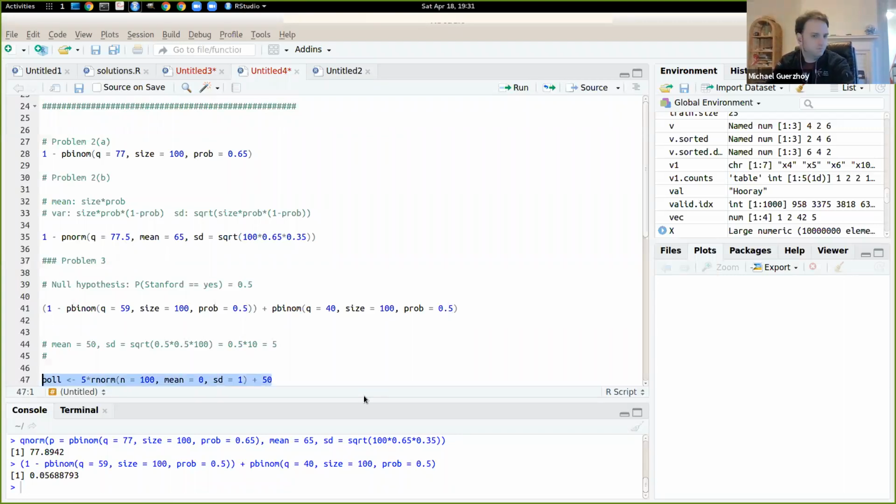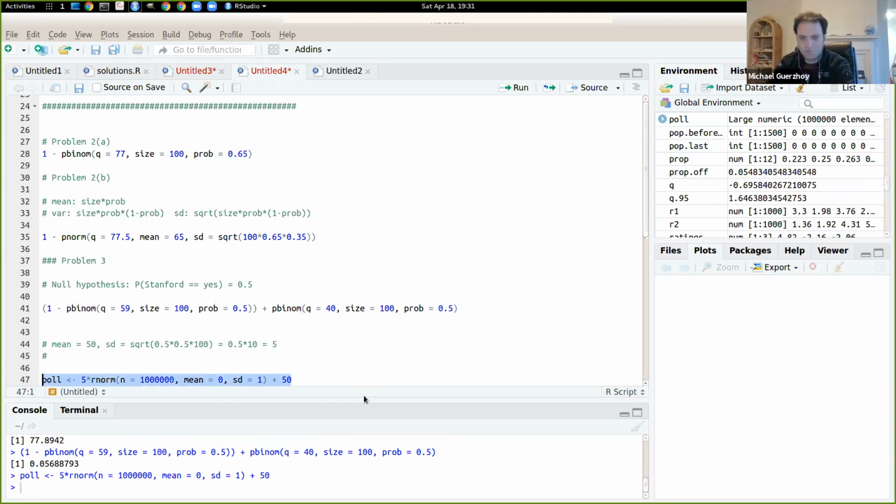Let's pull. By the way, we don't need to say 100 necessarily, so kind of as many as possible. This is the number of yeses, right? Now what we want to know is, under this null hypothesis, how many are greater or equal than 60 or smaller or equal than 40.